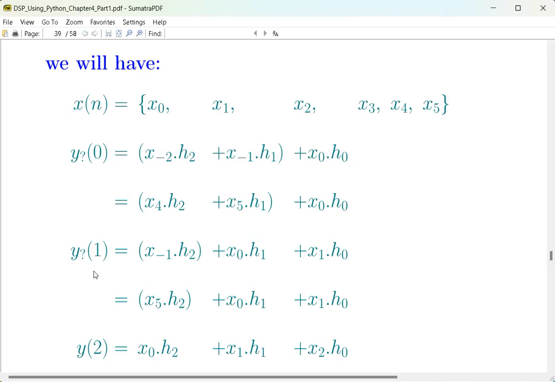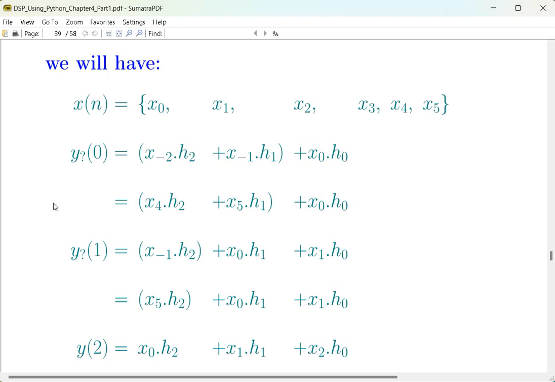Of course, you have understood that the number of the samples under question is equal to the length of the impulse response minus 1. The length of h is 3, so you will have 2 samples under question. The same story as the previous method, but there you were able to correct it.